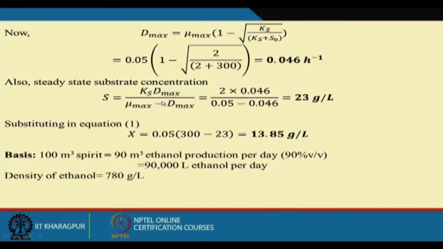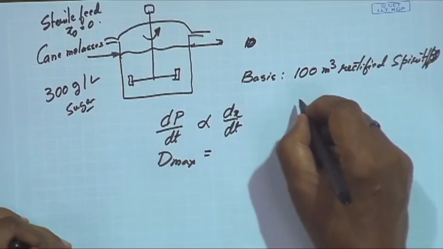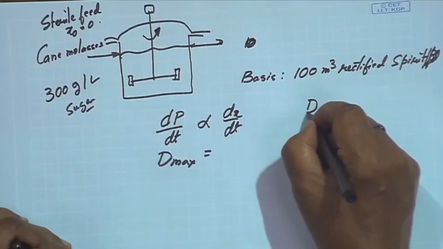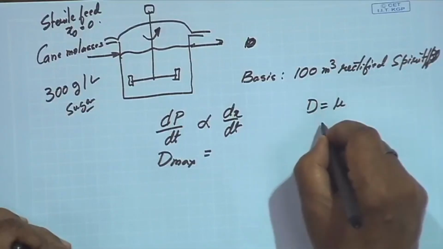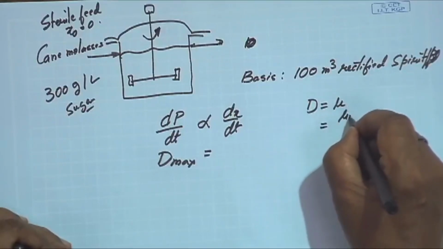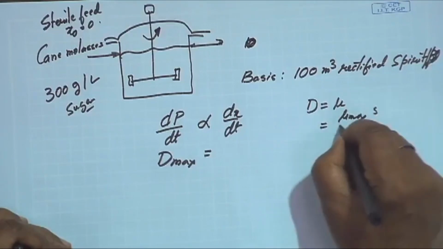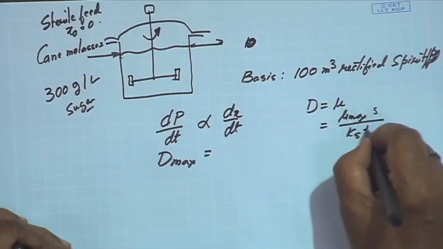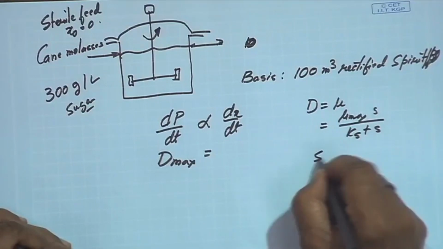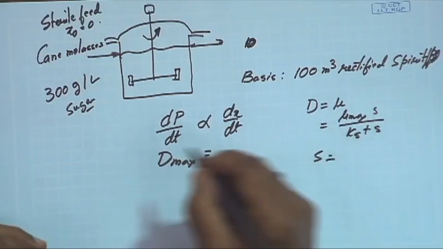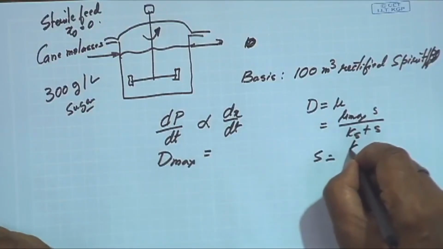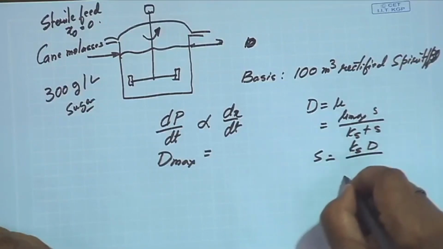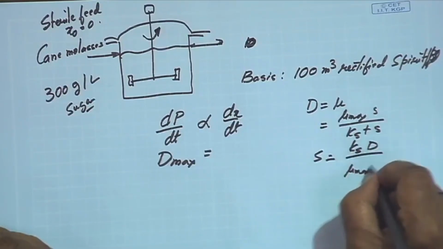Now under steady state condition and sterile feed, we already found that D equals mu. So this is equal to mu max S by (Ks + S), and from that we can easily find out the value of S. S is coming as Ks D by (mu max - D).